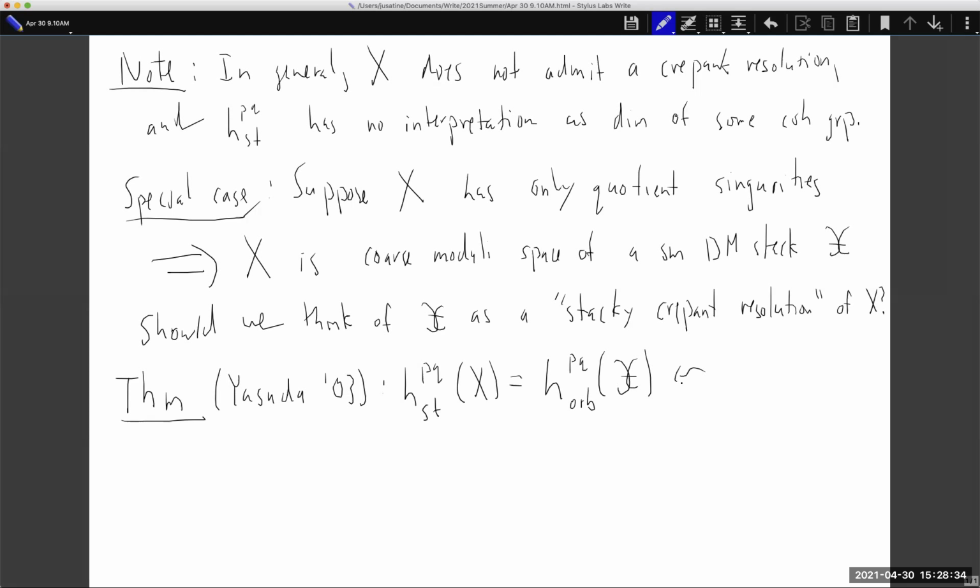And the nice thing about this right-hand side, these orbifold Hodge numbers, is that they are actually defined by a cohomology theory. They are defined by the so-called orbifold cohomology of the stack. So in particular, we get that these stringy Hodge numbers are the dimension of some type of cohomology group. As a consequence, you get that Batyrev's conjecture holds in this setting.